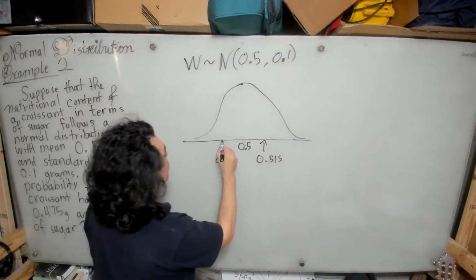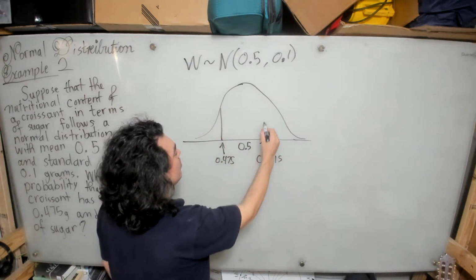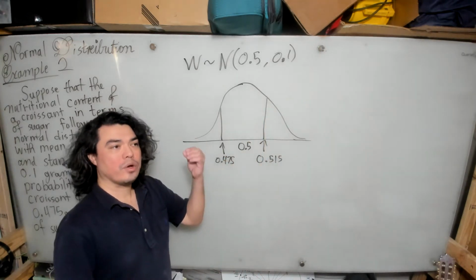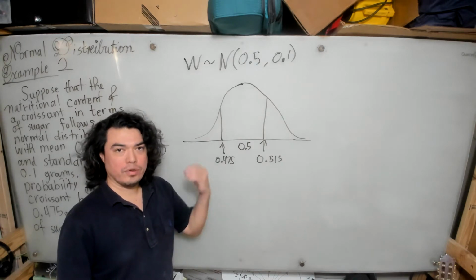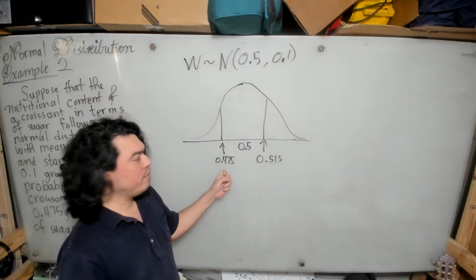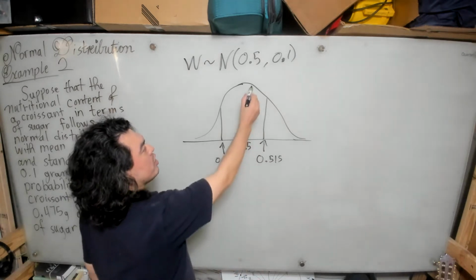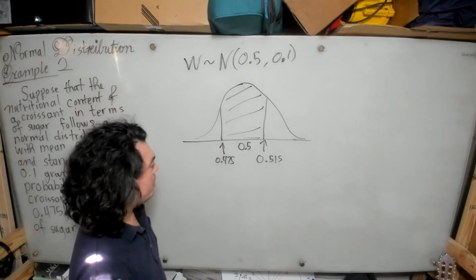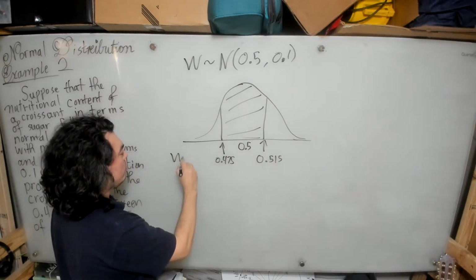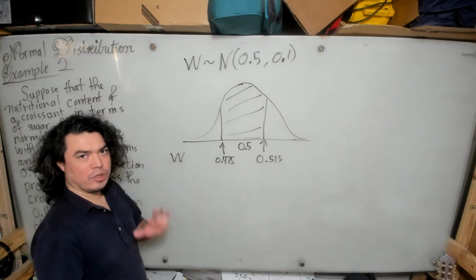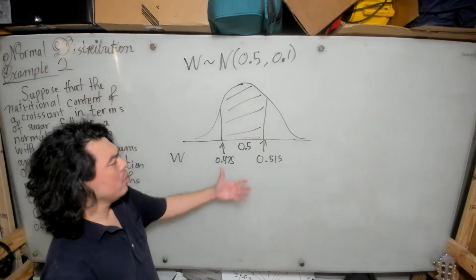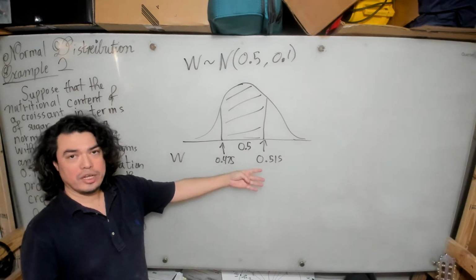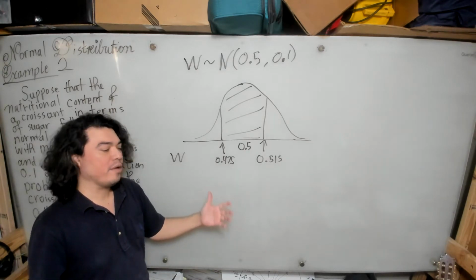Okay, so we can draw this boundary line here and this boundary line here, and the probability that the quantity of sugar in the croissant is between 0.475 and 0.515 corresponds to the area under the normal curve between those two boundaries. Okay, and this is in terms of our random variable W. Now, if you had a calculator or a spreadsheet, you could calculate these values already using the given information.